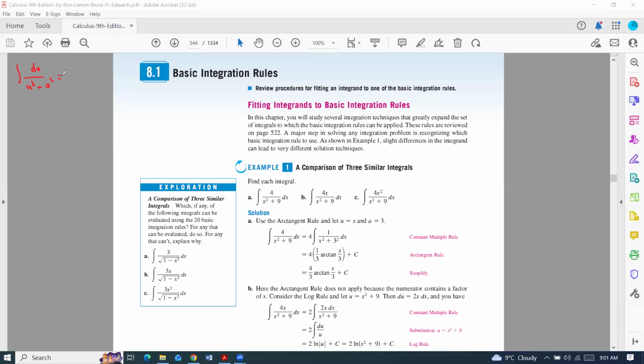So this is arctangent. The antiderivative, according to the tables, is arctangent, and it's actually having a in denominator in front of this arctangent. And arctangent we take of u over a.